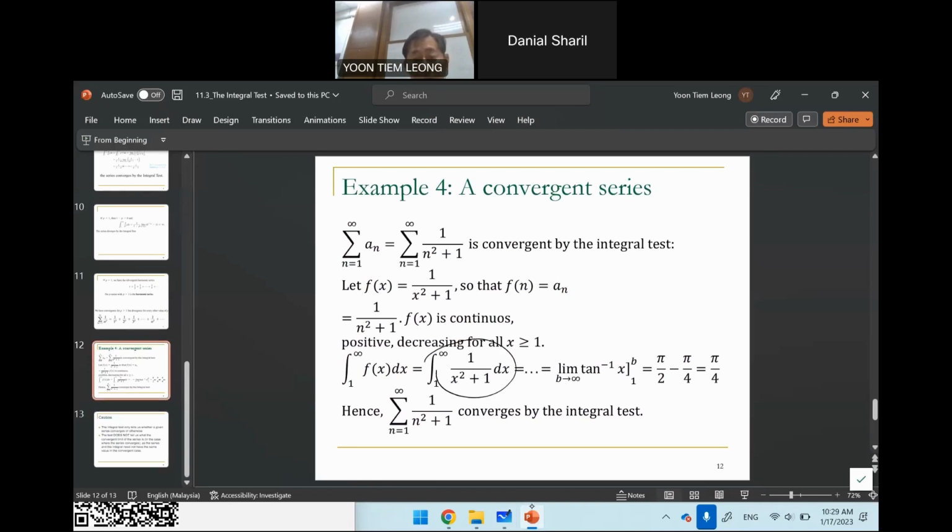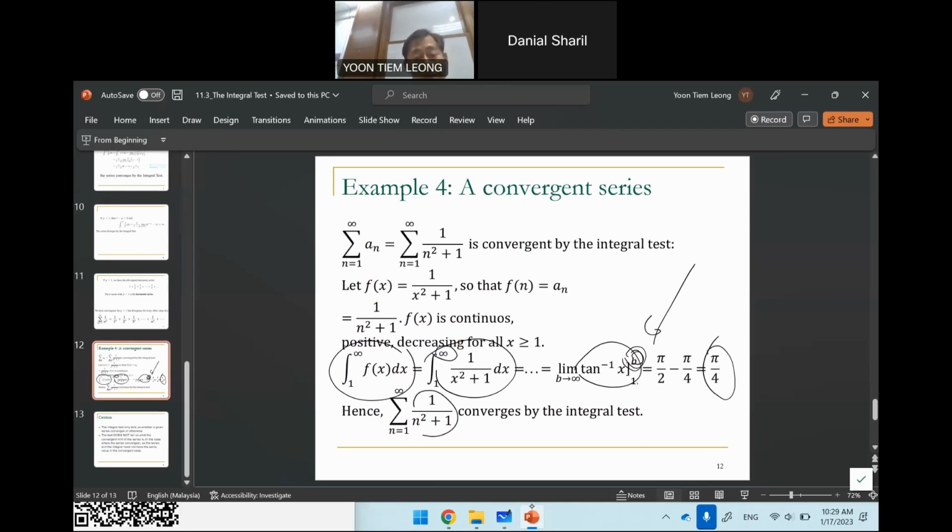And when you set b to infinity, corresponding to this limit, you find that the integral of f(x) goes to a positive number. I'm not going to show you the details, but the integration of 1 over x squared plus 1 for x from 1 to b is arctangent of x. You evaluate at b and 1, then you take b to infinity. So finally, you show that this integral converges to pi over 4.